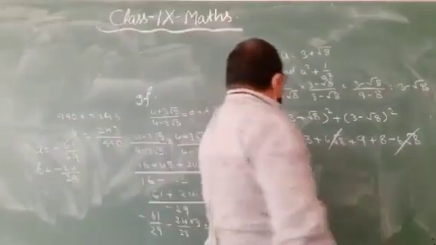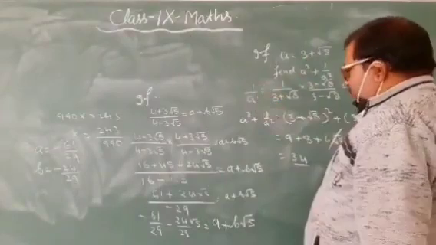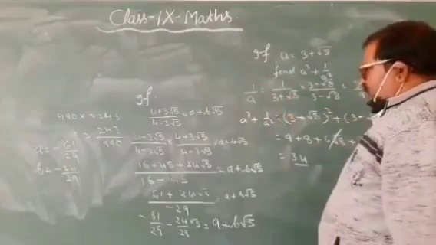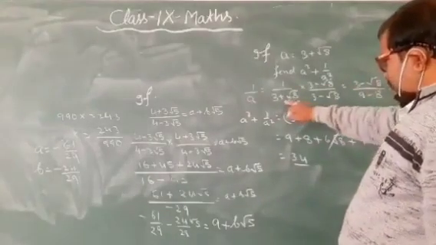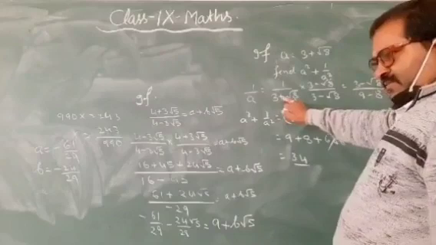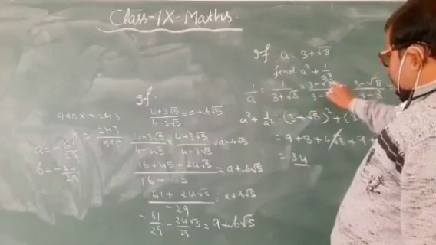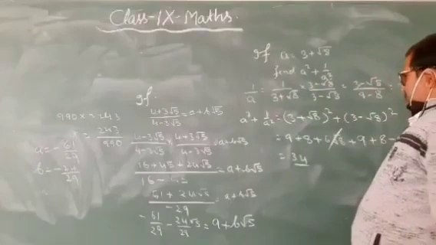We find the value of 1 upon a. 1 upon 3 plus under root 8. Now rationalize the denominator of the given fraction: multiply by 3 minus under root 8 upon 3 minus under root 8.